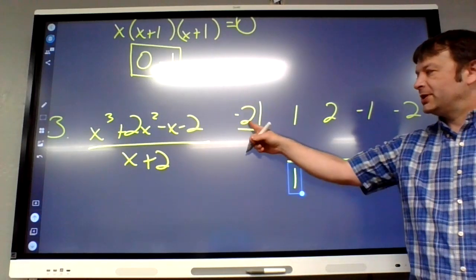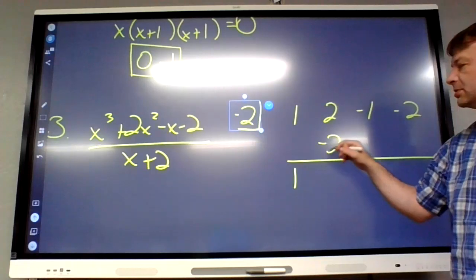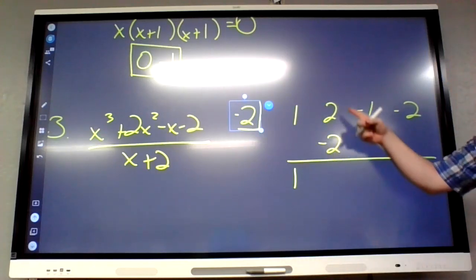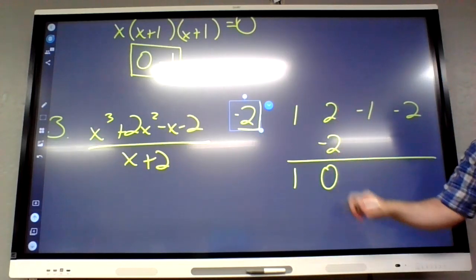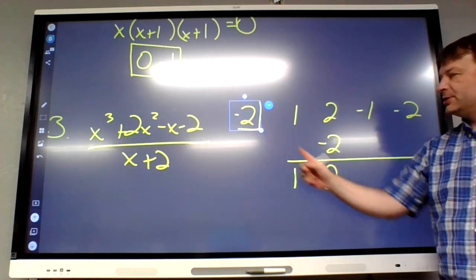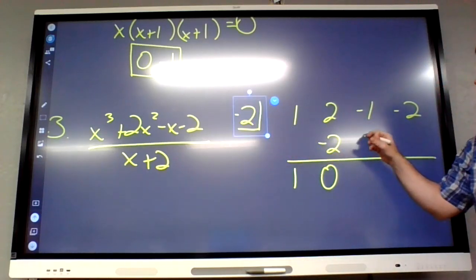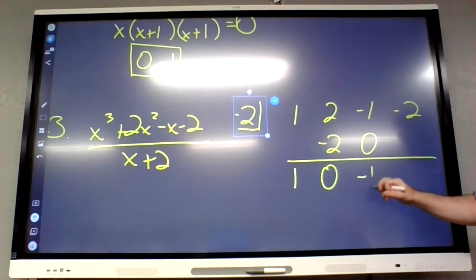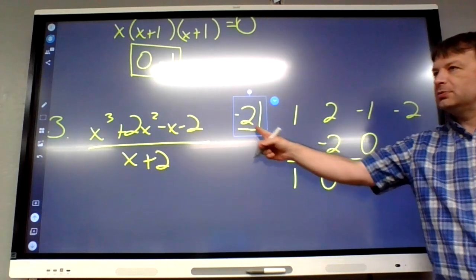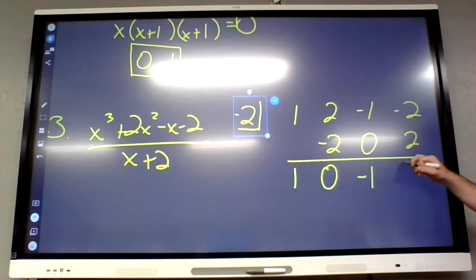So 1 times negative 2. And then you add down, 2 plus negative 2. Then you multiply up, 0 times negative 2. You add down, multiply up, add down.